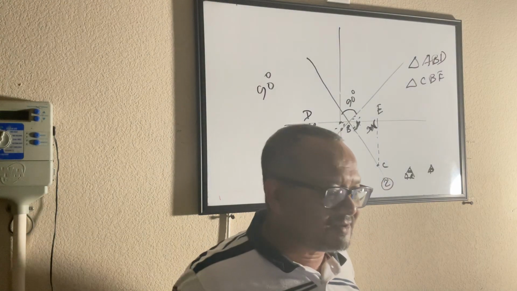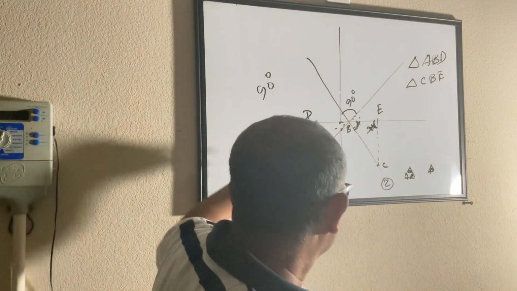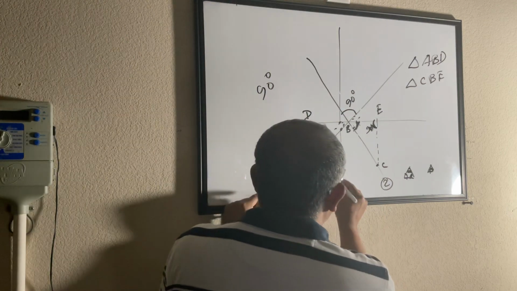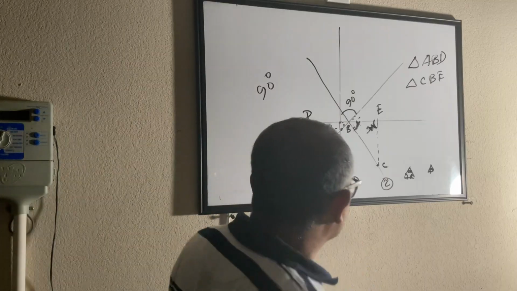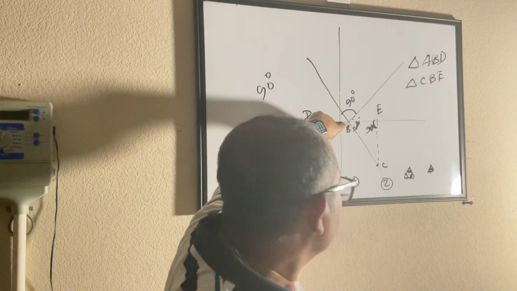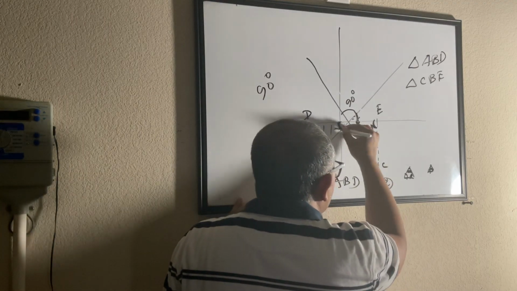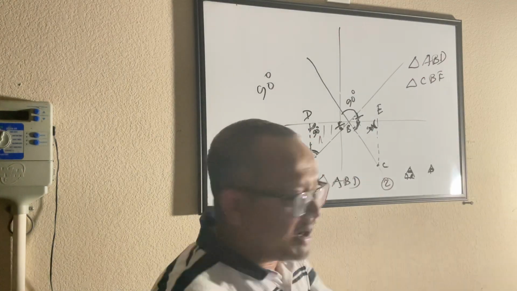And you guys are struggling to agree to what I am saying. Now look at this plus this angle. If you are looking at triangle ABD, this triangle that I have shaded just now, these two angles together will be 90 degrees, correct? Now look at this angle and this angle are the same because they are opposite angles. When two lines cross each other, the opposite angles will match.